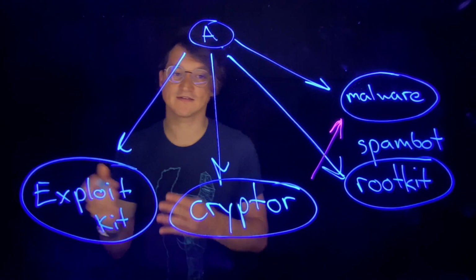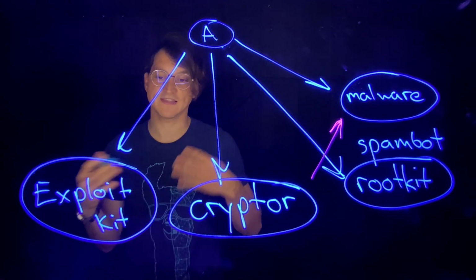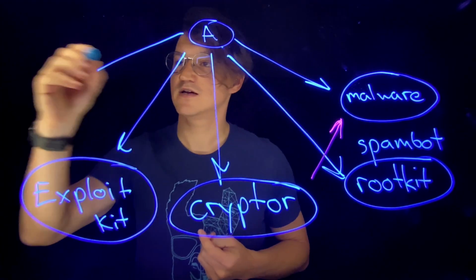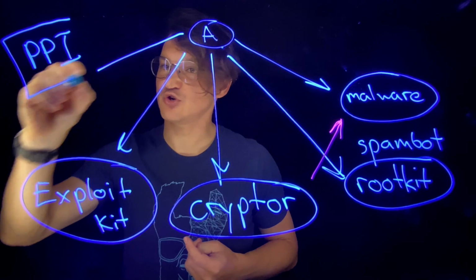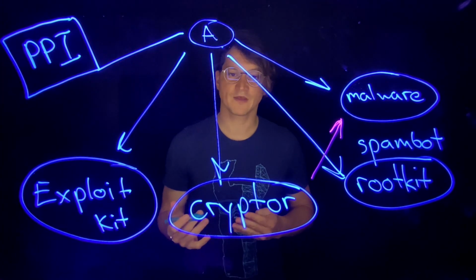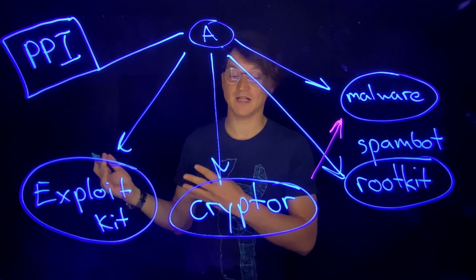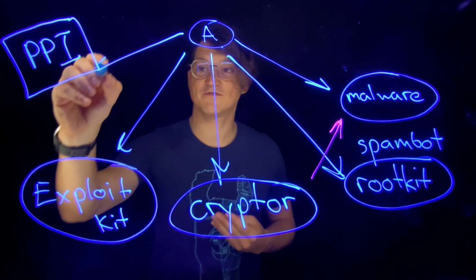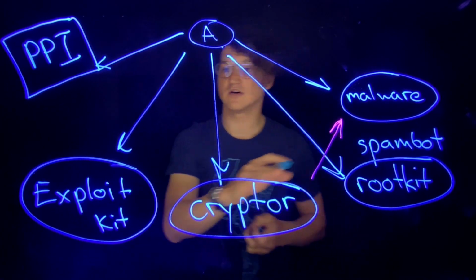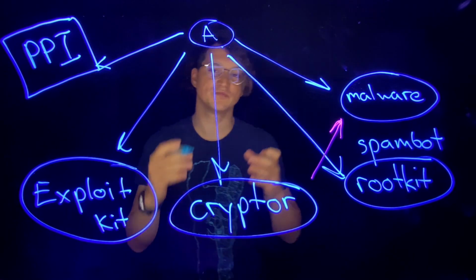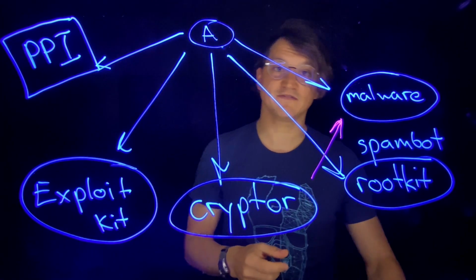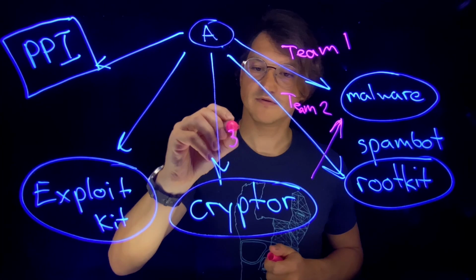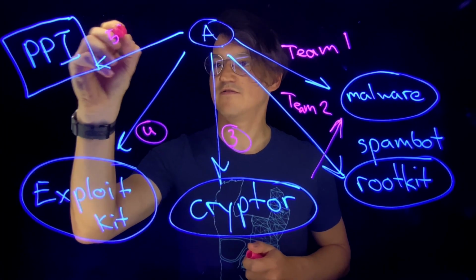The next step, the actor can purchase the exploit kit and set up their own redirects to infect different users, or they can also use services called pay-per-install, where other people who develop different malware would first infect the users, and then accept payment for installation of the new malware. So there was a whole ecosystem, and it wouldn't be just one person, and not even one team. It could be team 1, team 2, 3, 4, 5, and so on.